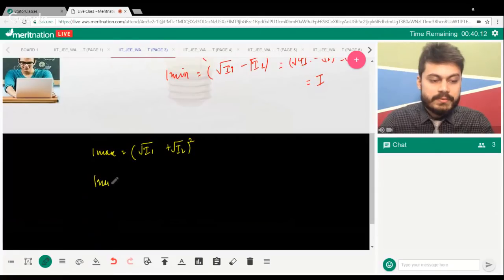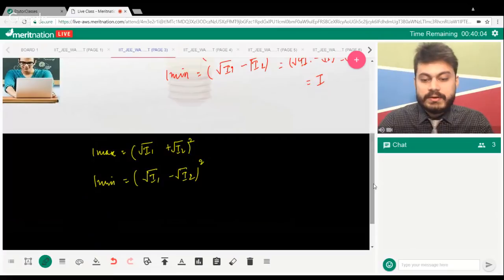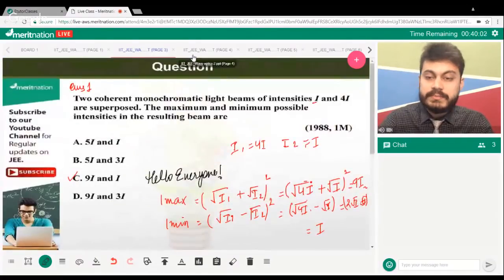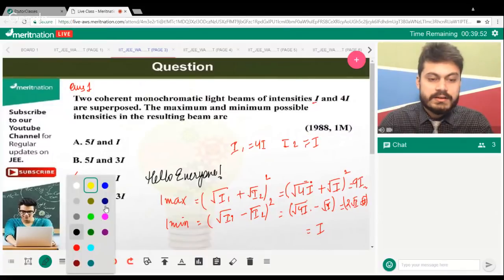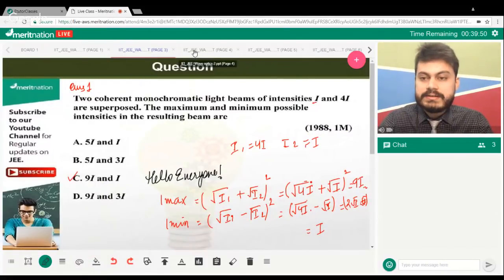And I minimum will be (root of I1 minus root of I2) squared. And many questions come from this formula only, as well as some questions in advance, because this is the question which came in 1988 for 1 mark. That is fine.